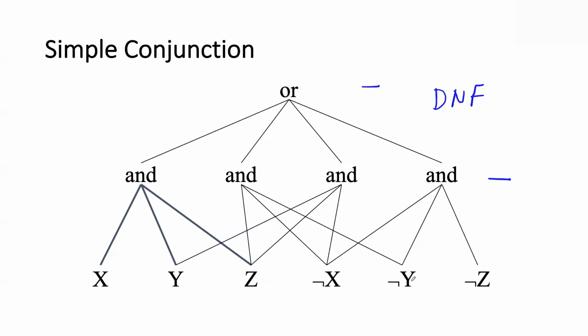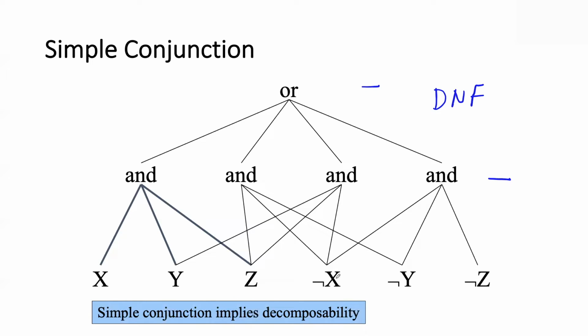One of these. Which one are satisfied by this? Okay, someone's saying decomposability. Exactly. Because distinct literals. So there are no variables that are being shared. So if you look at any two children of the and, they do not share variables. So this d-NF is actually a subset of decomposable negation normal form. Now you see what's interesting there. So the simple conjunction property implies decomposability.